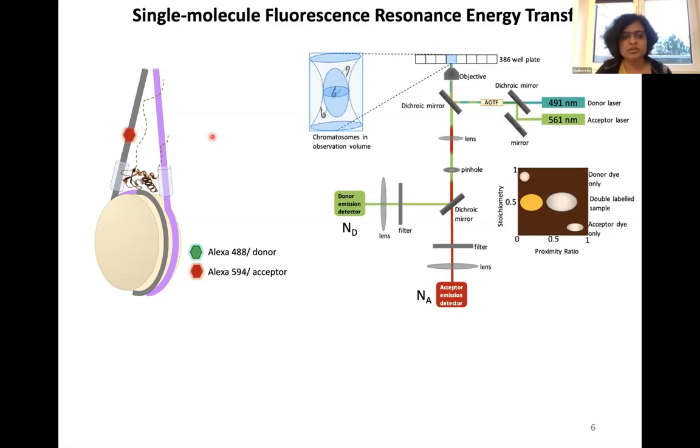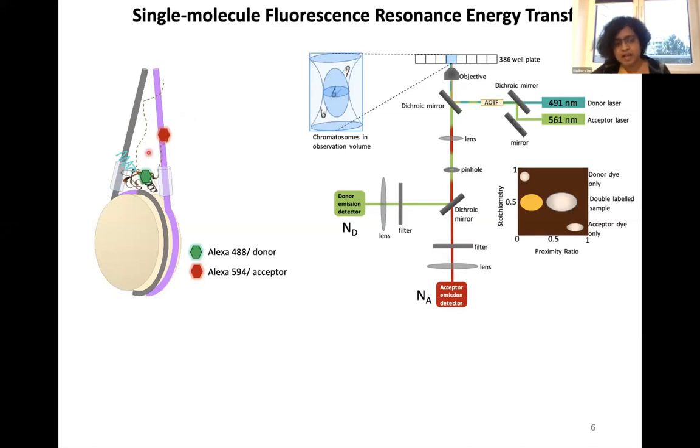And what I do is, first of all, I covalently attach fluorescent dyes onto the system. This red dye is attached to the midpoint of this gray arm or of this purple arm. And the green dye is attached to the globular domain. Now, what happens in FRET is that you strike this green dye with this blue-green donor laser here.